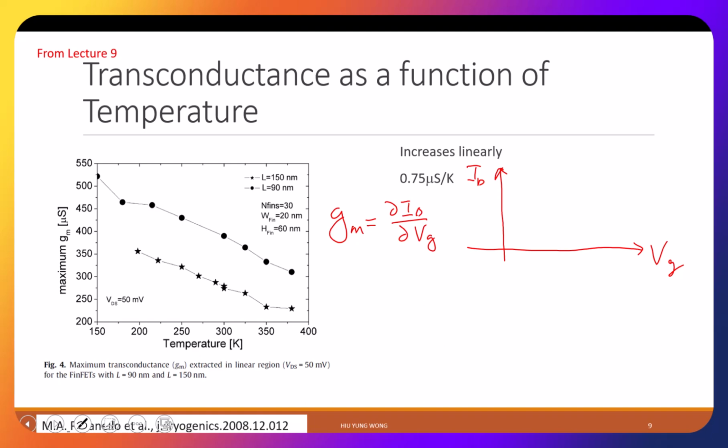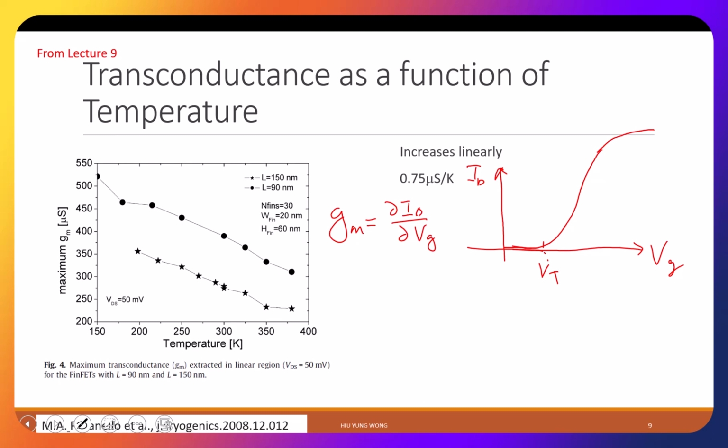So what is the curve? Do you remember how the curve looks for ID-VG when it is linear? It goes up, right? Linear, yeah. Almost zero here, and then after VTH it goes up. But I also showed you this before.